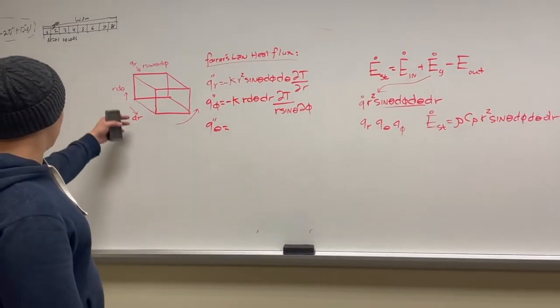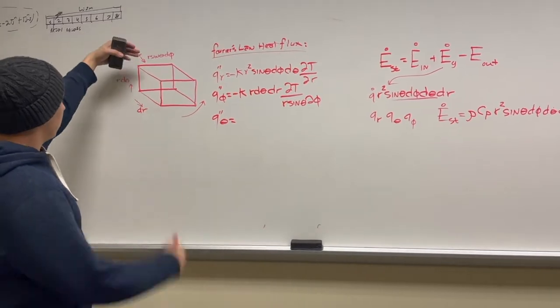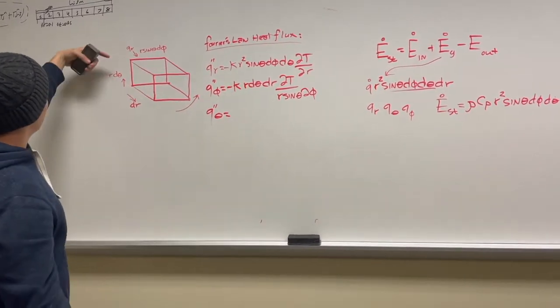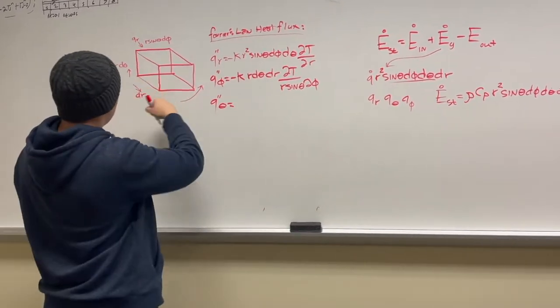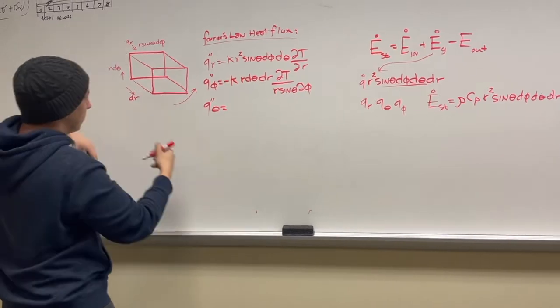And then we're going to do the same thing for our theta direction. So what are we looking at for the theta direction? Well, we're going to look at it going up and down. So we have, of course, this right here, which is going to be the same direction up here, so up there and down there.